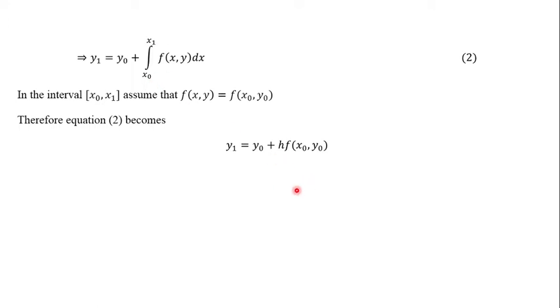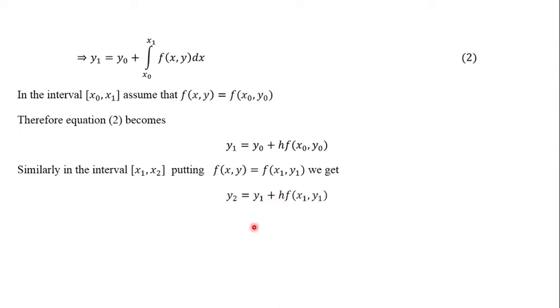So you will get x1 minus x0, and that is nothing but your h. So you will get y1 is y0 plus h f at x0, y0. Then similarly in the interval x1 to x2, put f of x, y as f at x1, y1. So you will get y2 is y1 plus h f at x1, y1.